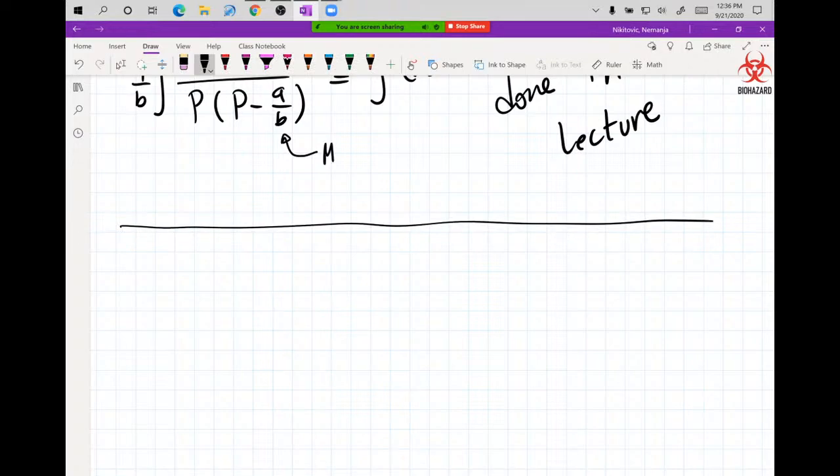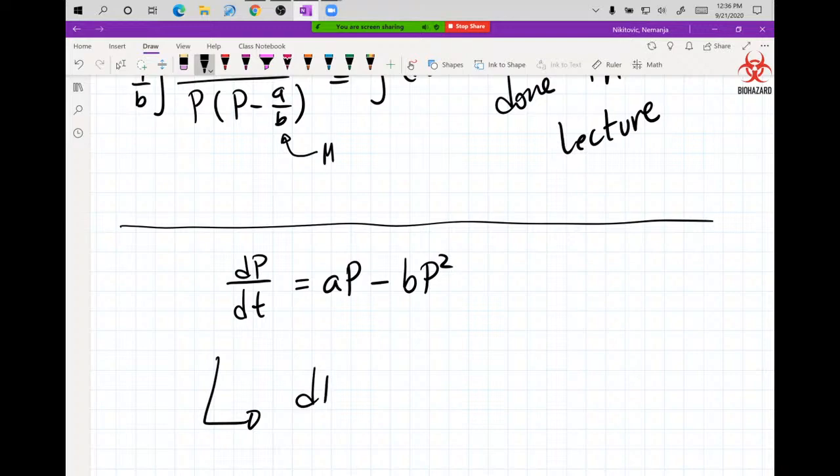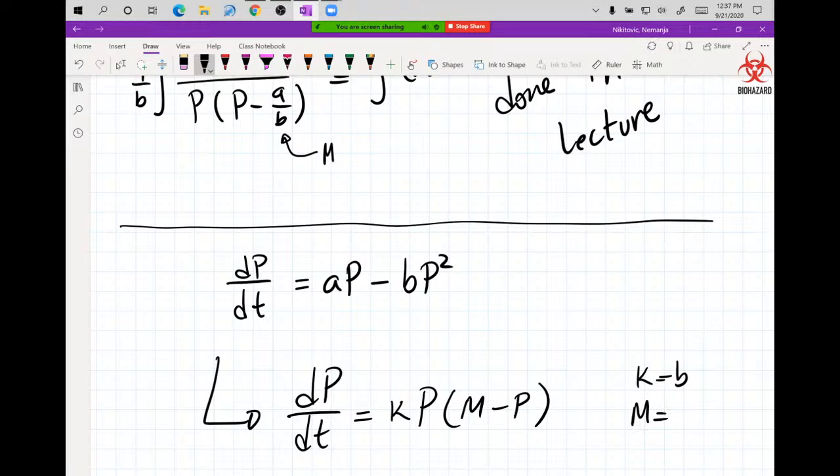The calculation is exactly the same. dp dt equals what we had before, ap minus bp squared, can be transformed into dp over dt equal to k p times (M minus p), where k is b and M is a divided by b, from the equation here.